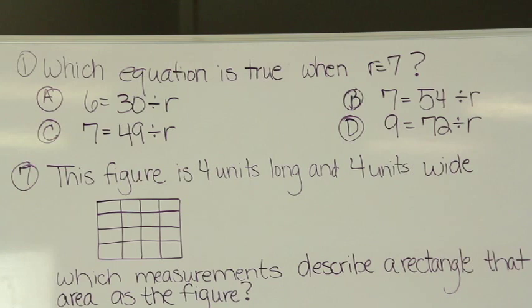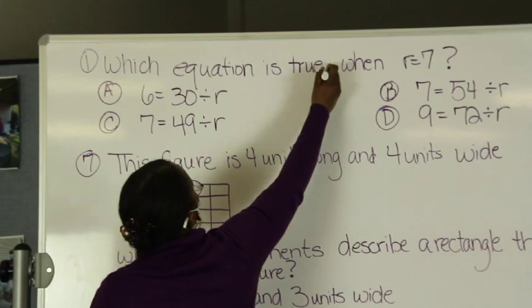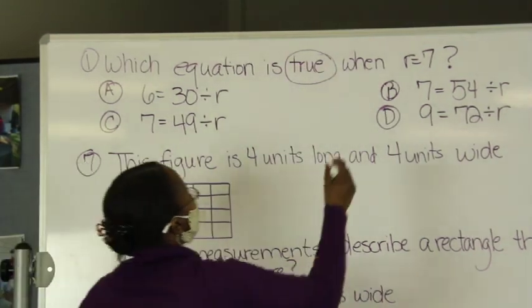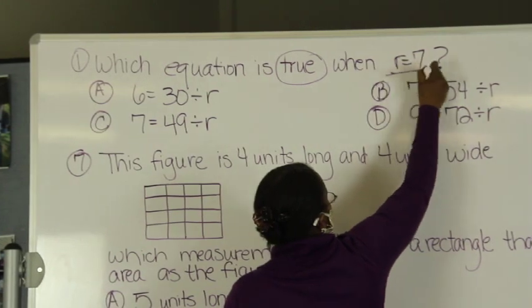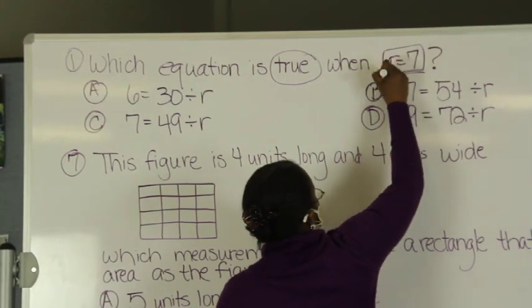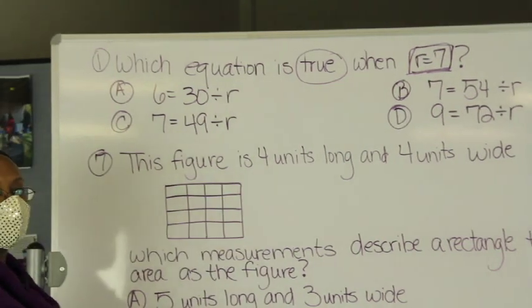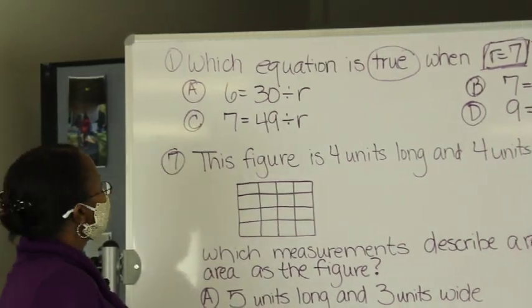The first problem: which equation is true when r equals 7? You can always remind yourself that you want to pick the number statement that is going to be true, and we want to remember that r equals 7.